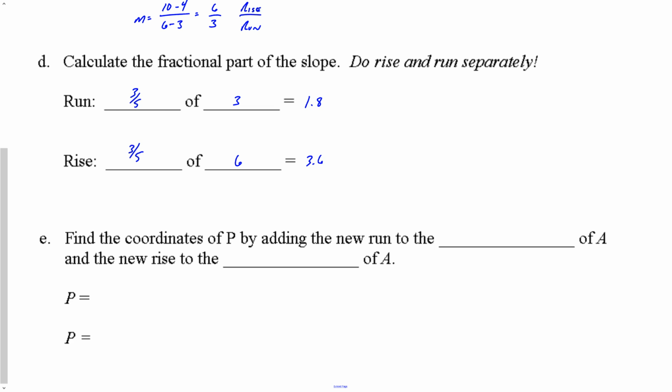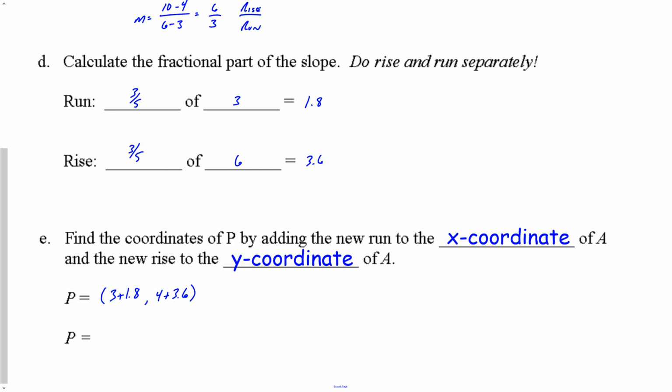So if we're going to find our new coordinates of P, we're going to add that new run, the 1.8, onto the x coordinate, and then we're going to take the new rise and add that to the y coordinate of A. So point P, we're going to find by taking 3 plus 1.8, and then we're going to take 4 plus 3.6.